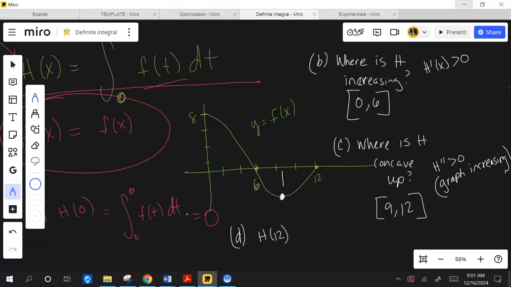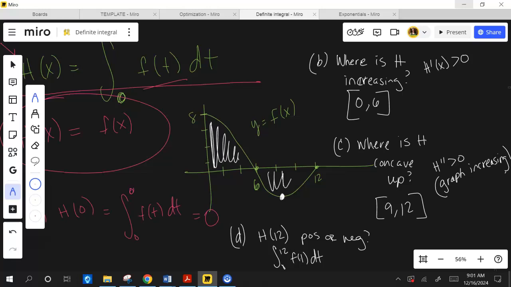All right, part D. Is h of 12 positive or negative? And tell me why. Let's think about this a second. We have an equation for h of 12, right? So let's plug it in. That's the integral from 0 to 12 of f of t dt.